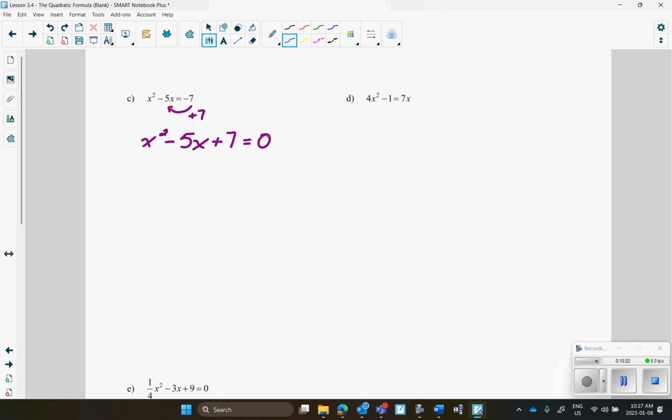Now I want you guys to try plugging in and simplifying using the quadratic formula. And if you do it correctly, you should find that something weird is going to happen.